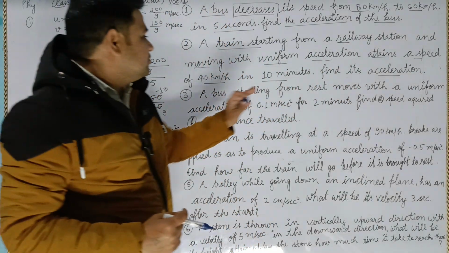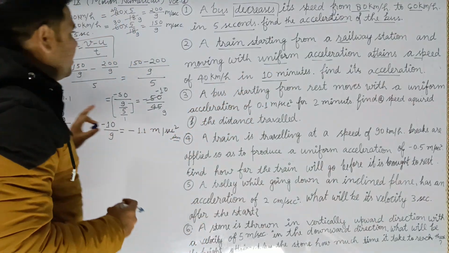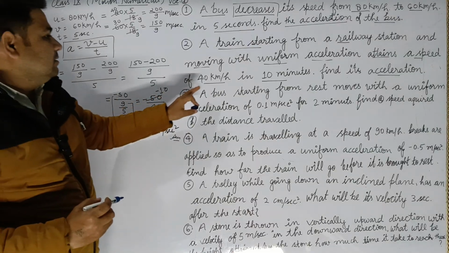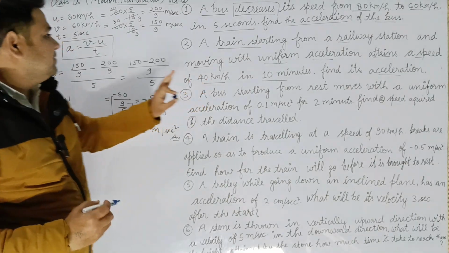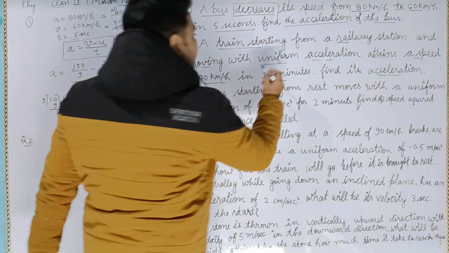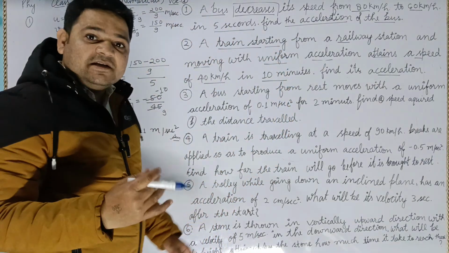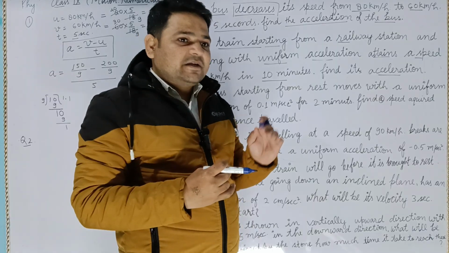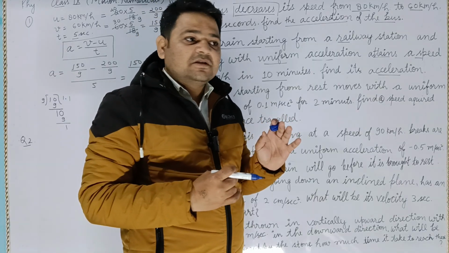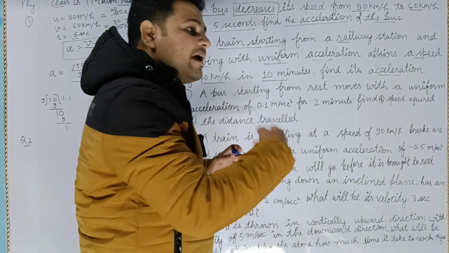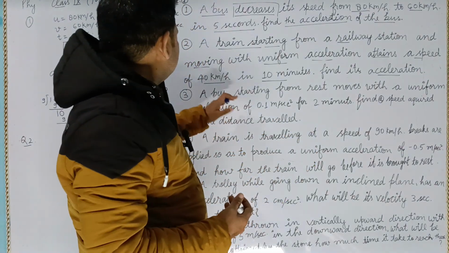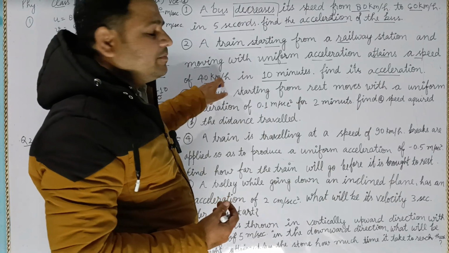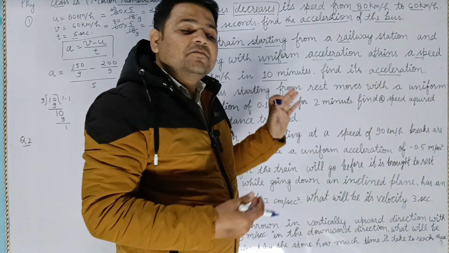Here in this question, the train starts from its railway station, so the train is in the rest position. First, the train is at rest, so it will start and gain a speed of 40 kilometer per hour.